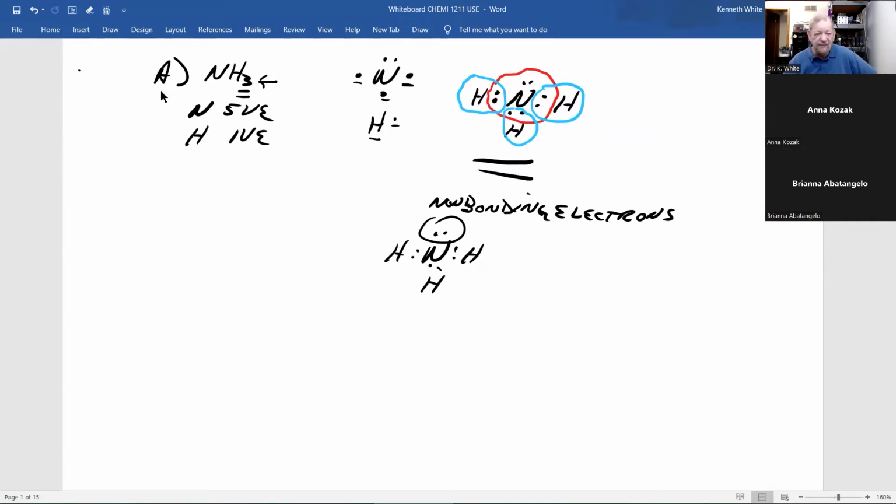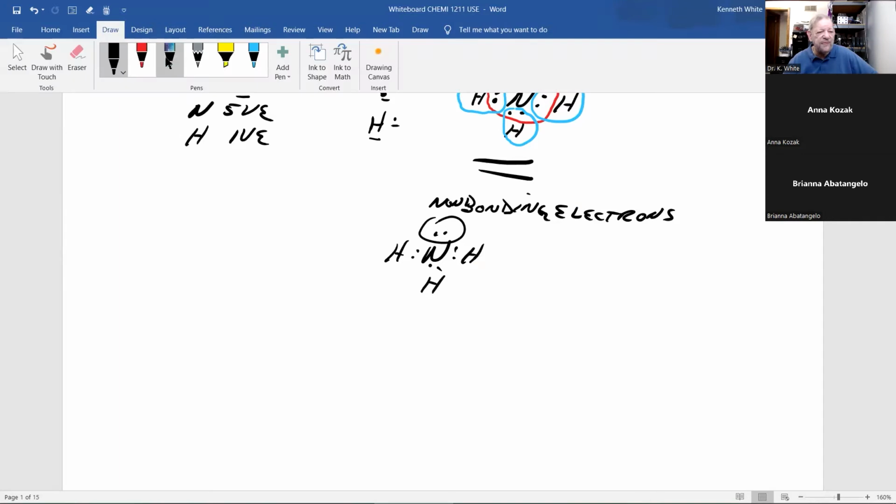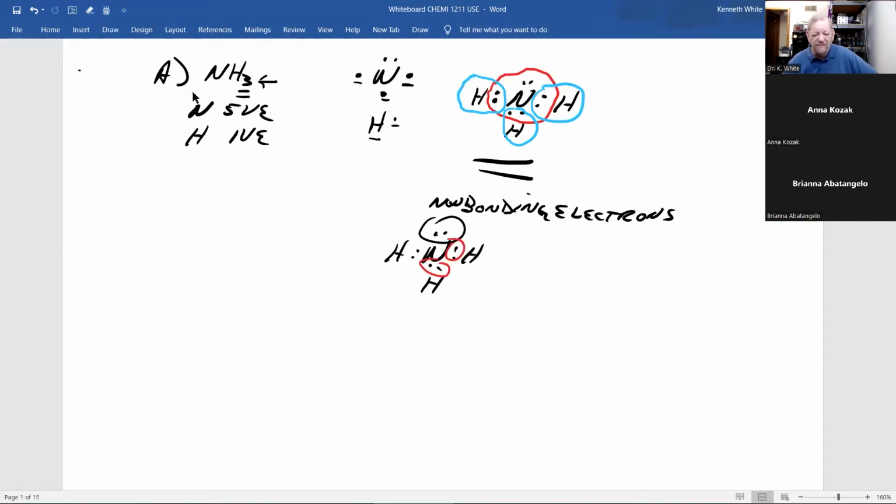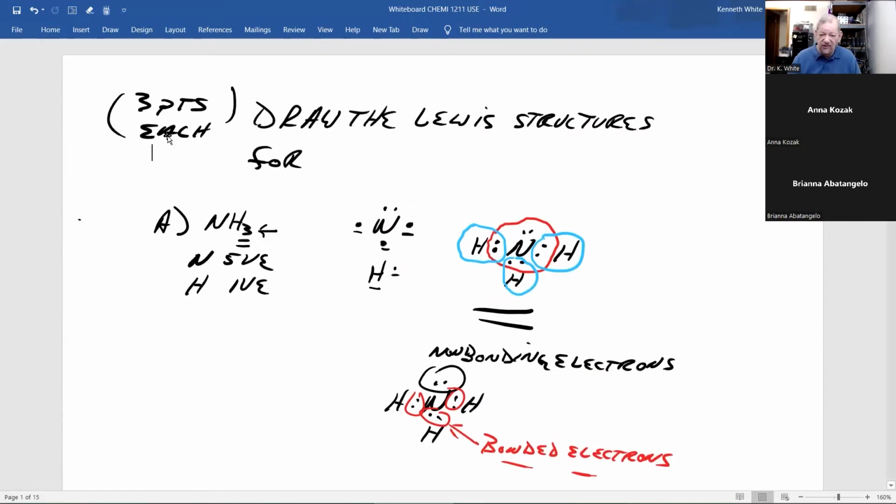And these are the bonded electrons, and you should know that. And that's how you do covalent molecules with the Lewis structure. Well, actually, we're not done yet.